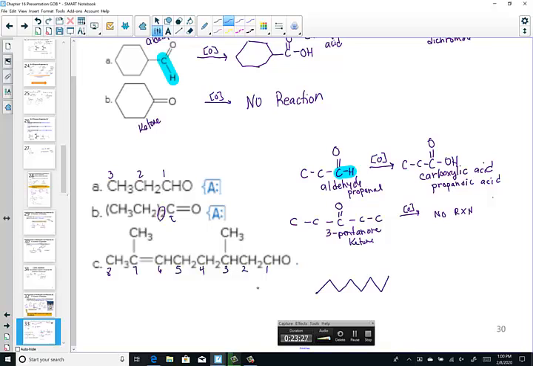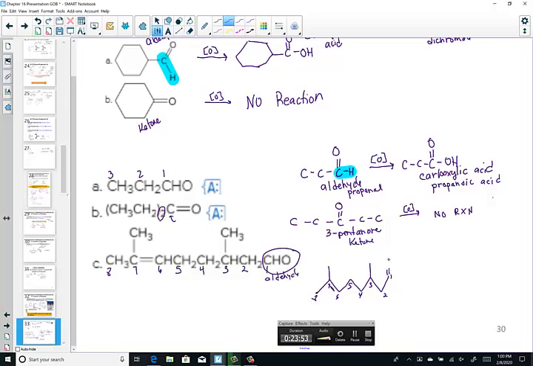At carbon number 4, 5, 6, yep, I want to make sure I had 8 carbons. Carbon number 3, I see a methyl group. Between carbon 6 and 7, there's a double bond. I'll make sure that gets in there. There's also a methyl group coming off of 7. But I do notice right here, this is the aldehyde functional group.